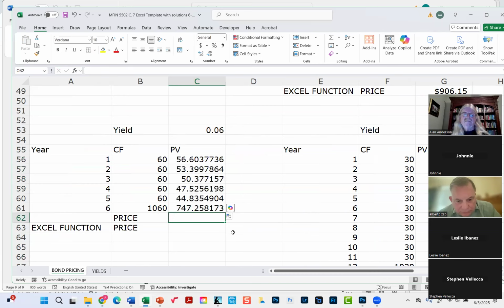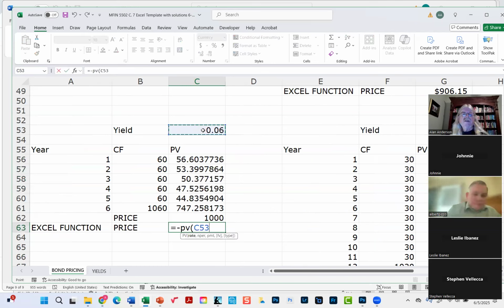Here's the sum. This time it's $1,000 even. So we'll do it again with Excel's built-in function, PV. And you'll see they always agree with each other, unless you did something wrong, of course.